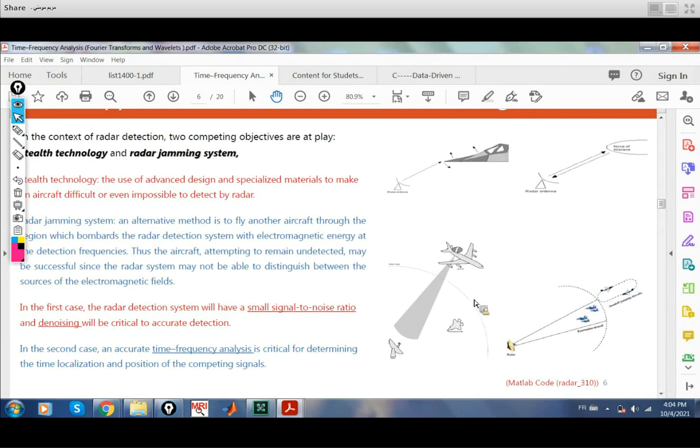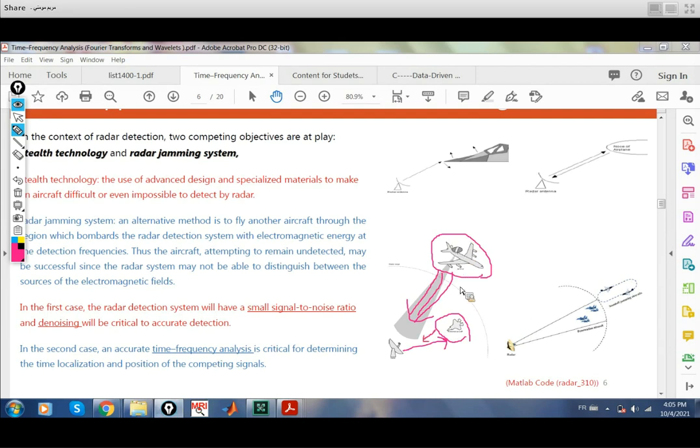The radar sent waves, but another fake target, another fake airplane, sends waves to the radar, and then in this way we are confused about what the desired object is, what the main object is here, one or two.